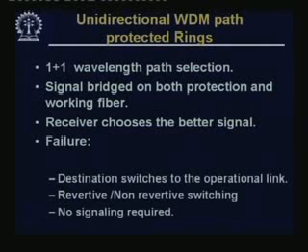If you are doing 1+1 protection, the receiver chooses the better signal. In case of a failure, the destination switches to the operational link, that is the operational light path. Revertive or non-revertive switching, that means if the original link comes back, it may revert or it may not revert, and no signaling is required. So, that is the unidirectional light path.